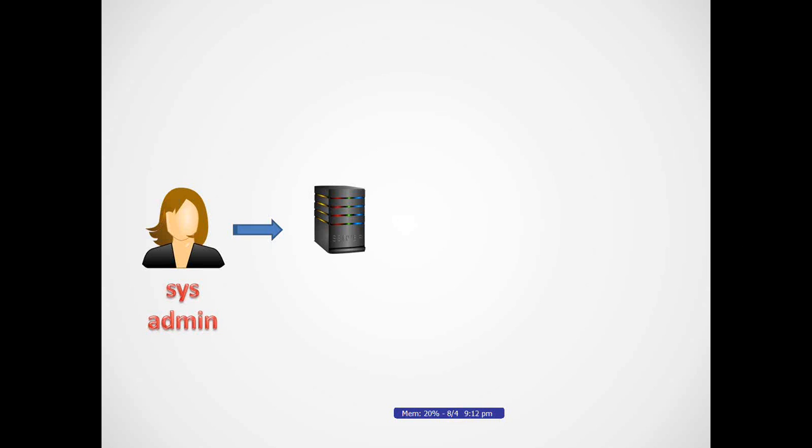Now, as and when more and more users come into the picture and more applications are being used by the company, the number of servers maintained by the administrator will increase.